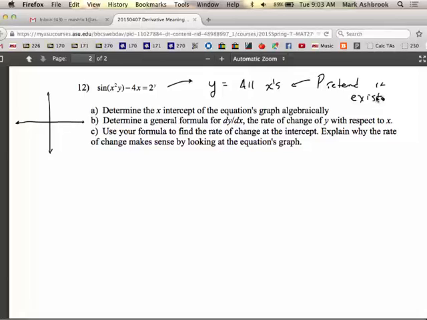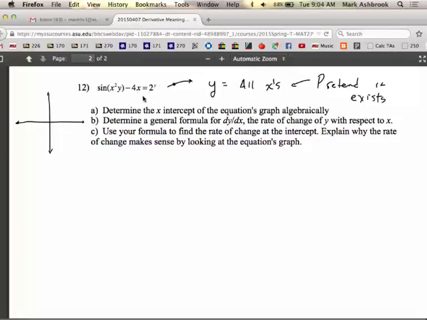In other words, the idea that y is a function of x is implied. It's not in your face, it's hiding in the background. We pretend that we could write y as a function of x, but we never do it. We just pretend that it exists.